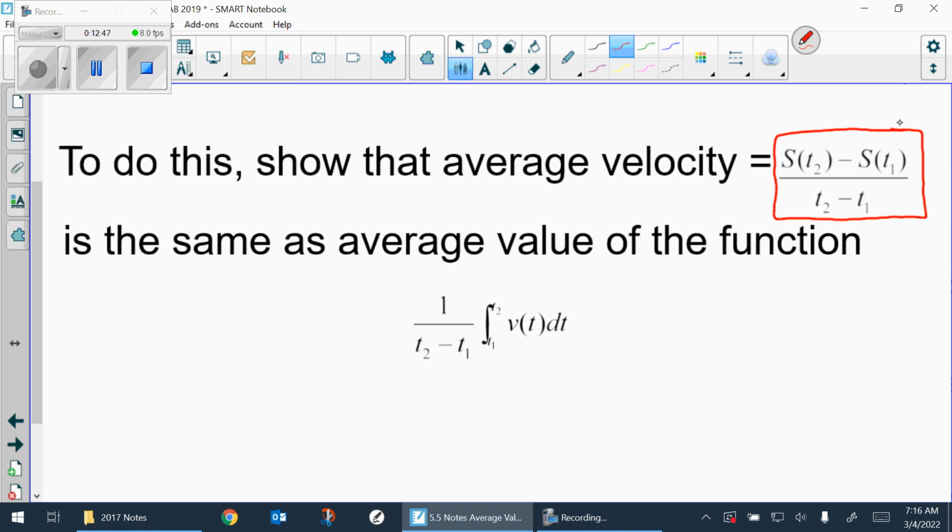Now we're going to use average value of the function. This is final position minus initial position divided by change in time.